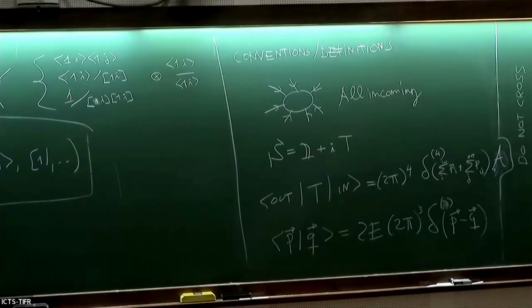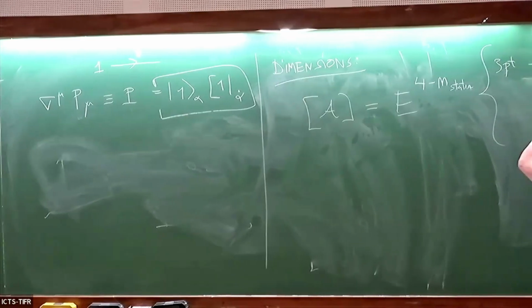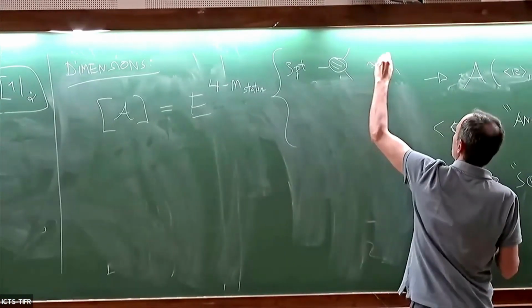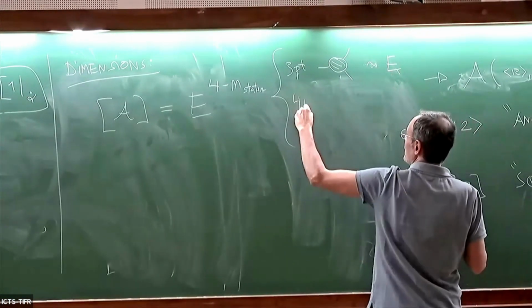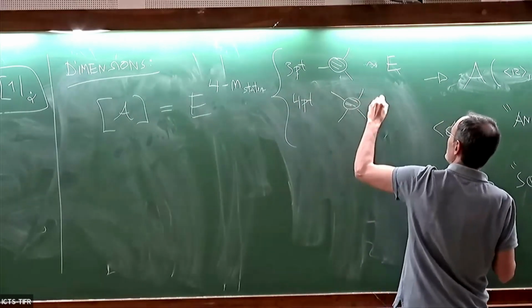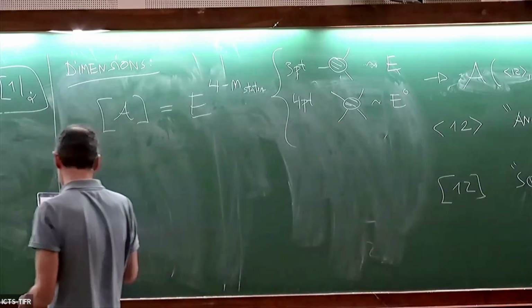For example, the 3-point amplitude has dimension of energy, and that would be important to remember, and the 4-point amplitude is dimensionless.